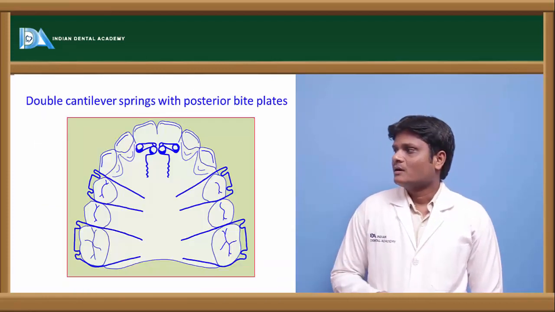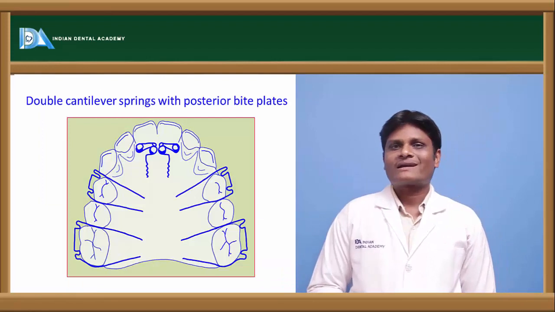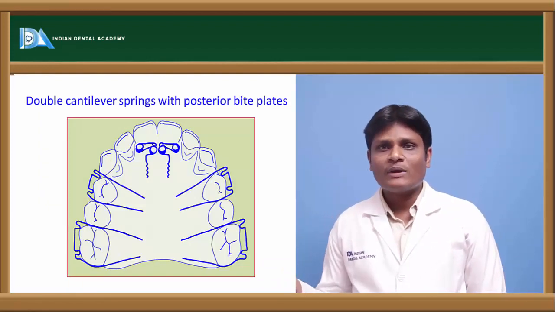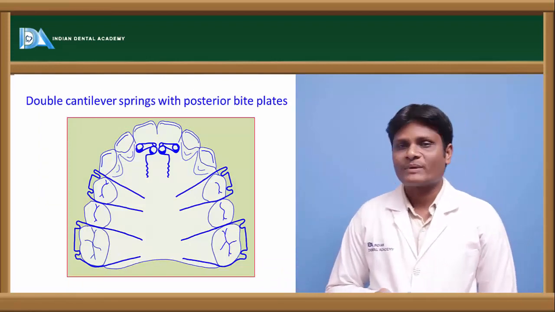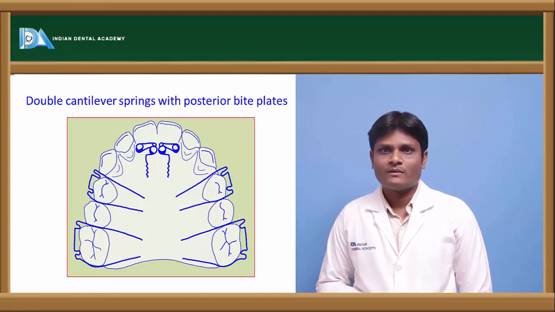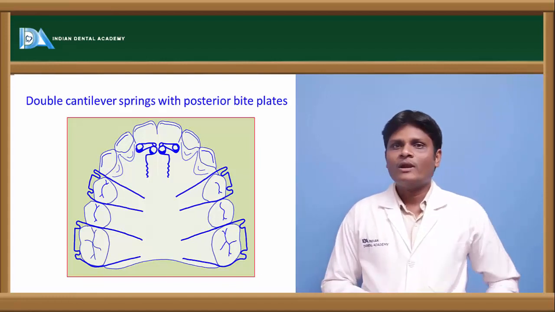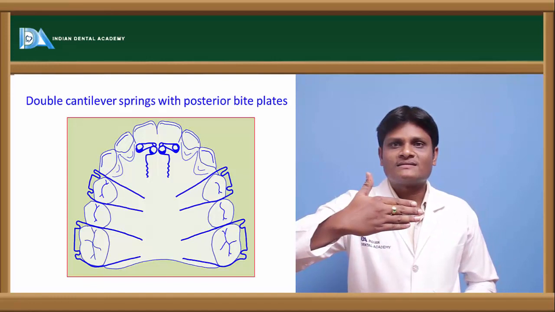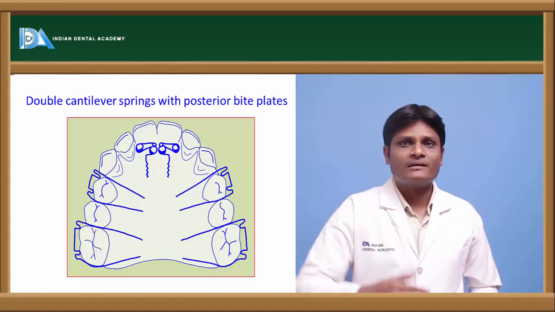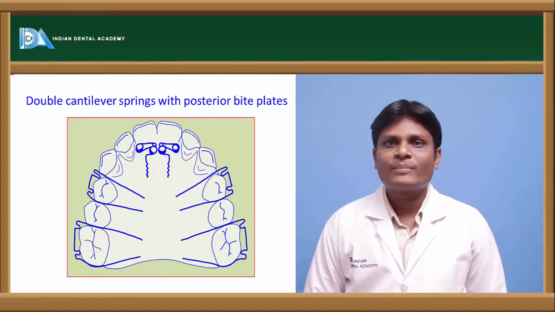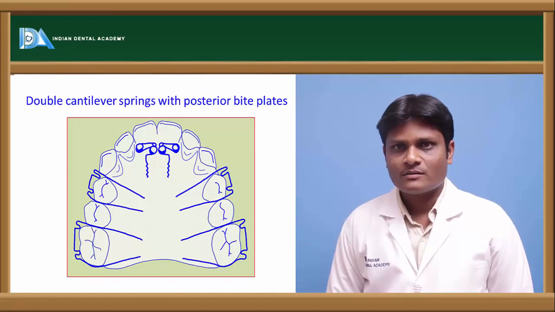Another method is a removable appliance with double cantilever springs like the Z spring. Activation of the spring will push the maxillary incisors labially, thereby correcting the developing anterior crossbites.